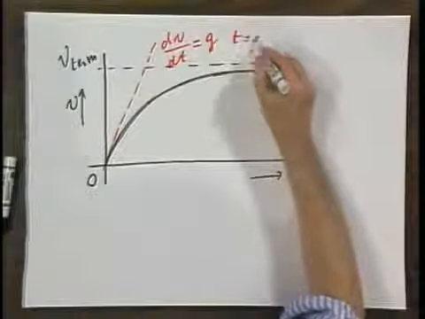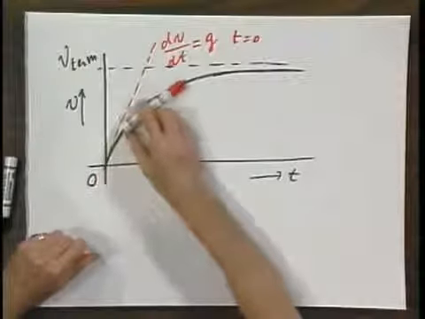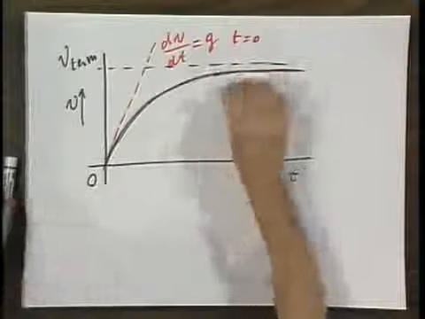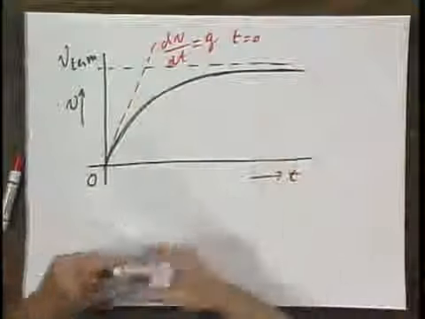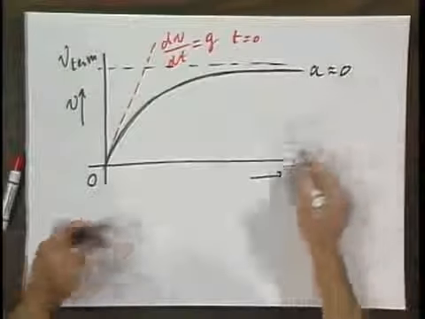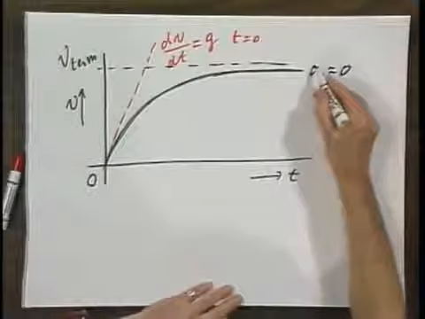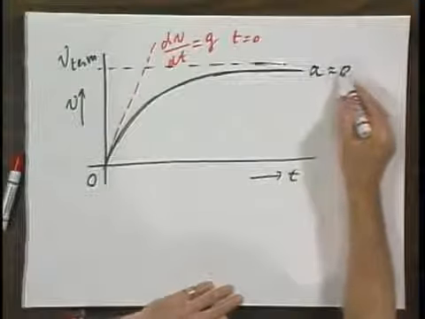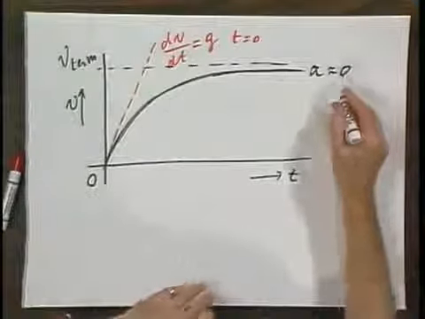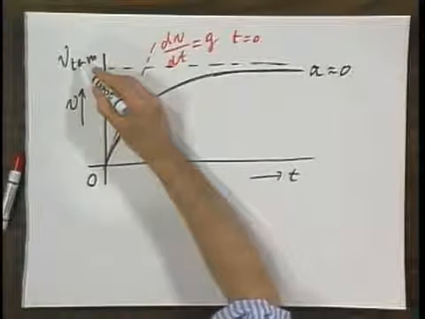But you see, as time goes on, the acceleration goes down and down and down, and right here, the acceleration is almost 0. Of course, it takes infinitely long maybe to reach that, but nevertheless, there comes a time that to a good approximation, the acceleration is 0, and then the speed will no longer increase.